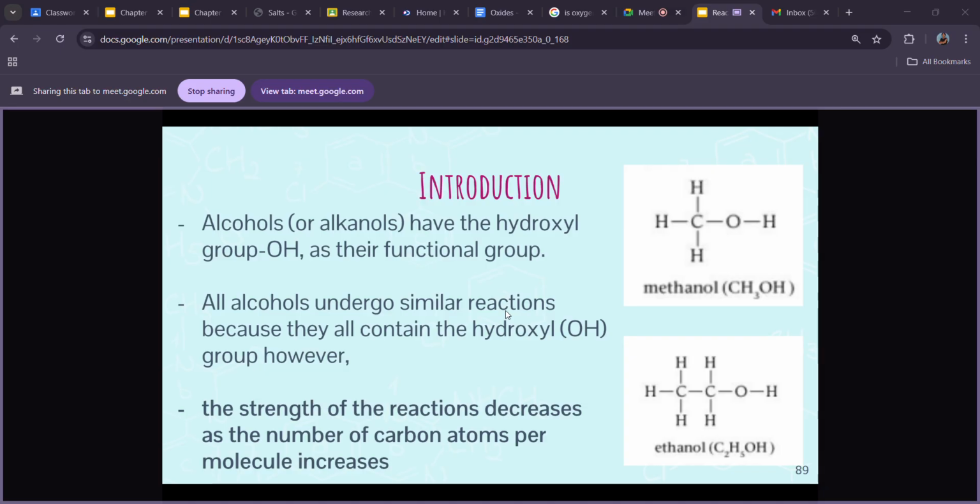The strength of the reaction decreases as the number of carbon atoms per molecule increases. Does anybody know why? Does anyone know why the strength of the reaction decreases as the number of carbon atoms per molecule increases? I'm gonna allow you guys, if you're here, to look for it. You can search on Google and let me know.